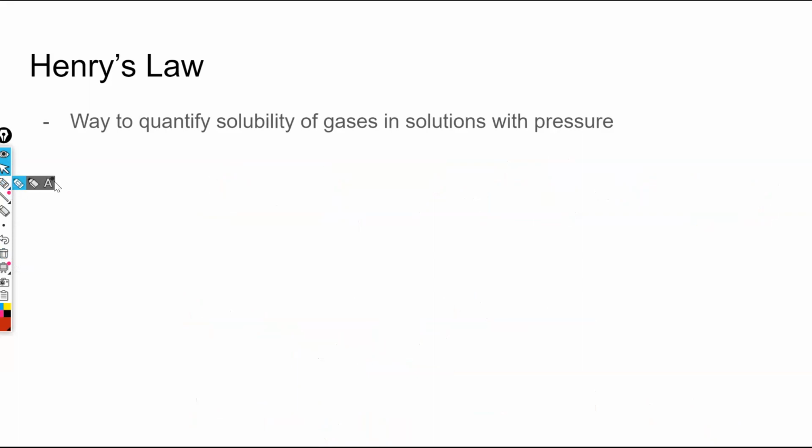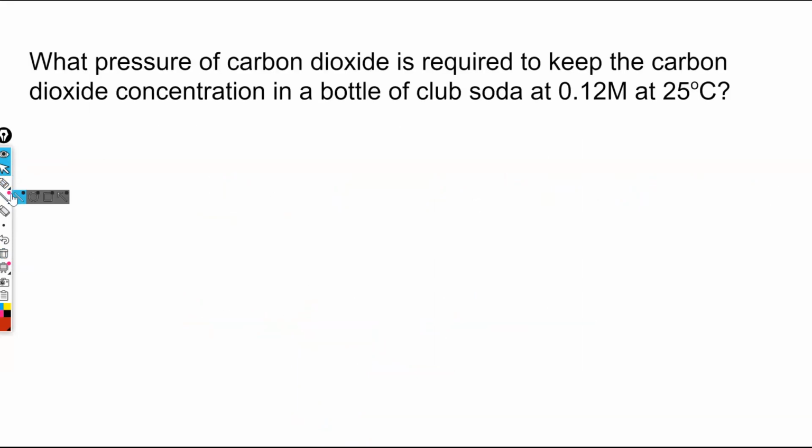Just one problem today. What is the pressure of carbon dioxide required to keep the carbon dioxide concentration in a bottle of soda pop at 0.12 molar at 25 degrees Celsius?